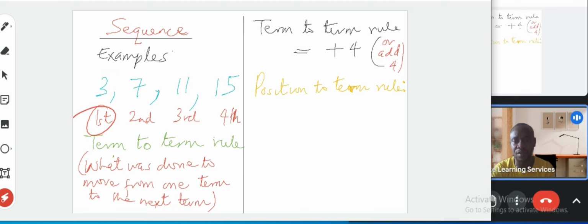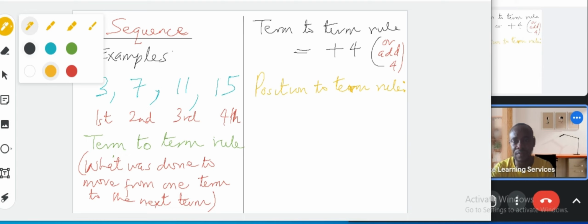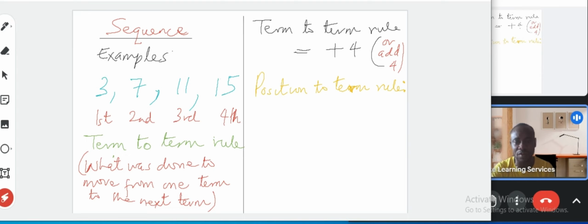Like the first one is 3, the second one is 7, the third one is 11, the fourth one is 15. So how are they related? Add 4. No, that's different. What you are talking about is term to term rule.